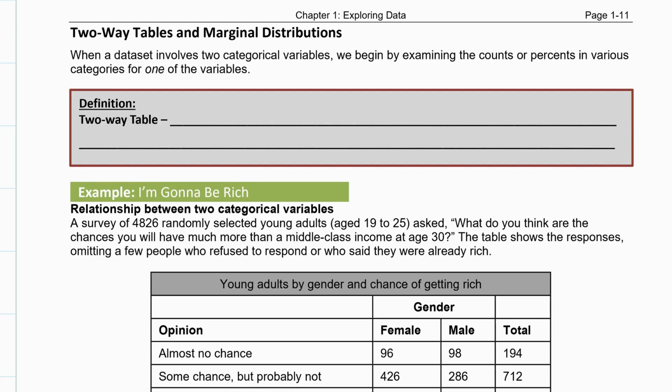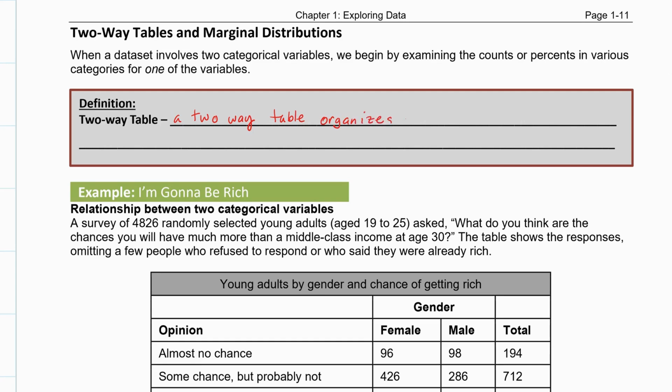A two-way table has what attributes? Well, it organizes, and again, there's that theme again. What do we do as data scientists? We organize.